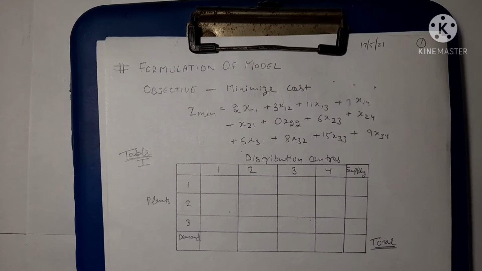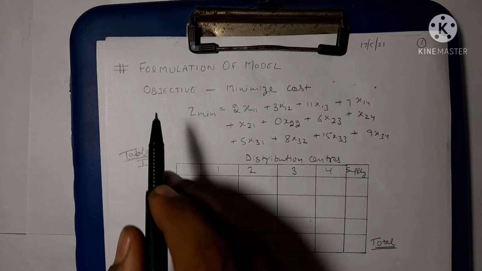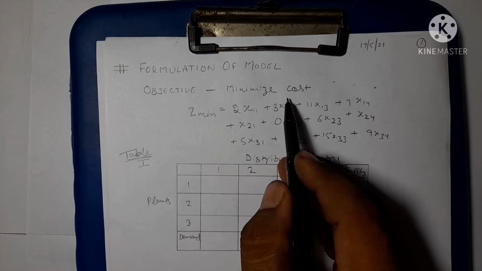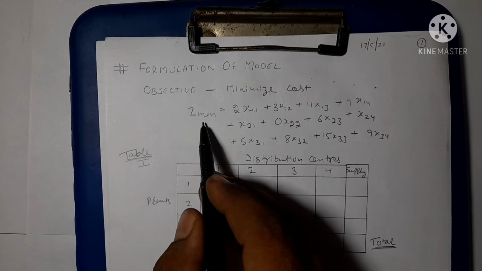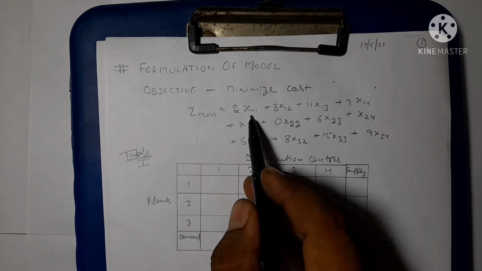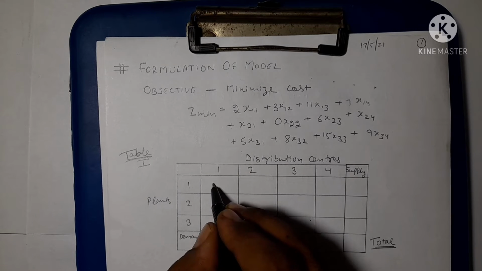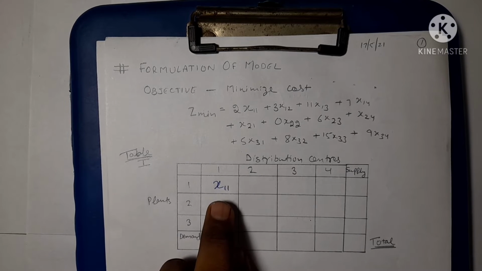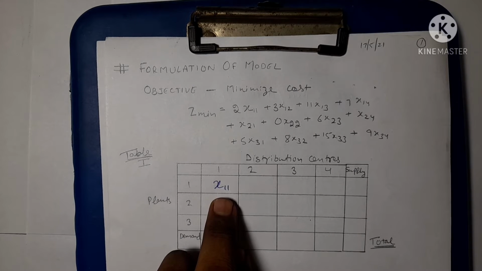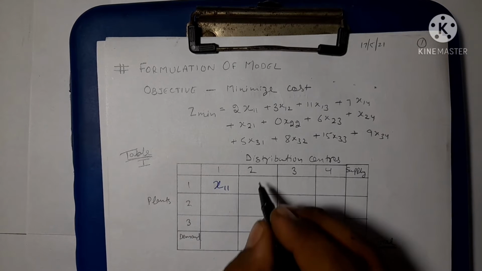Now the formulation of the transportation model for the given question. We need to minimize the cost. This is the objective function, represented by Zmin equals 2x11. Here x11 is a variable for the first row, first column.